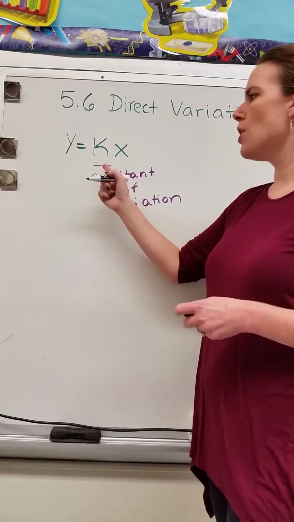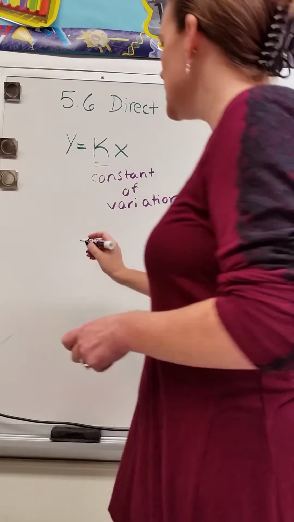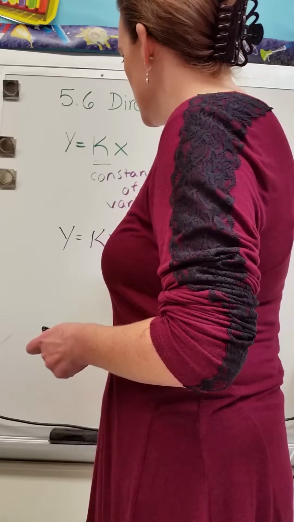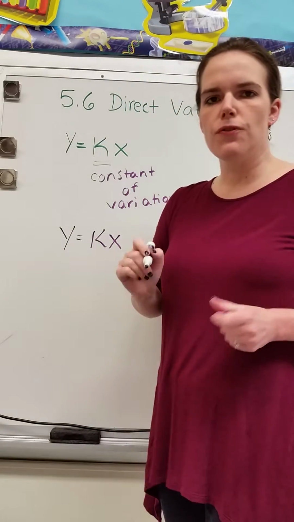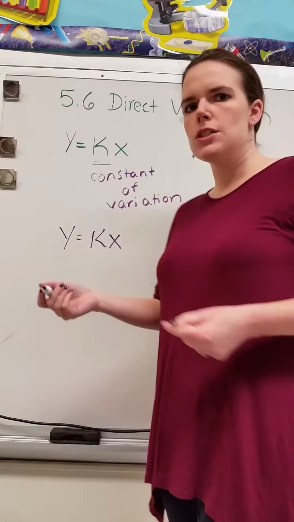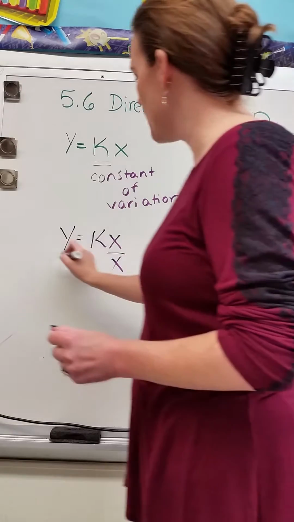If you were to solve for k by itself, so this is the equation, y equals kx. Well, you've learned before that you can solve for a variable. So if I needed to get k by itself, I would divide both sides by x.